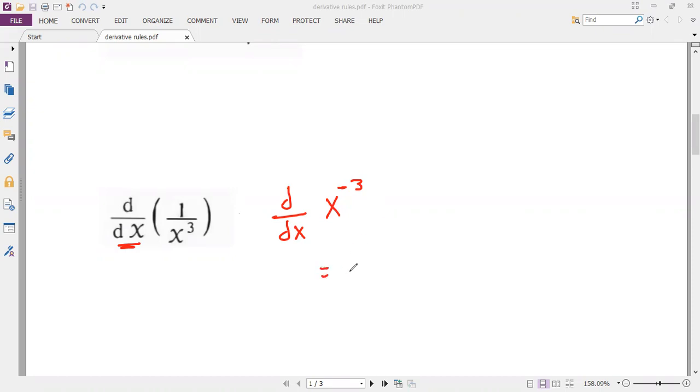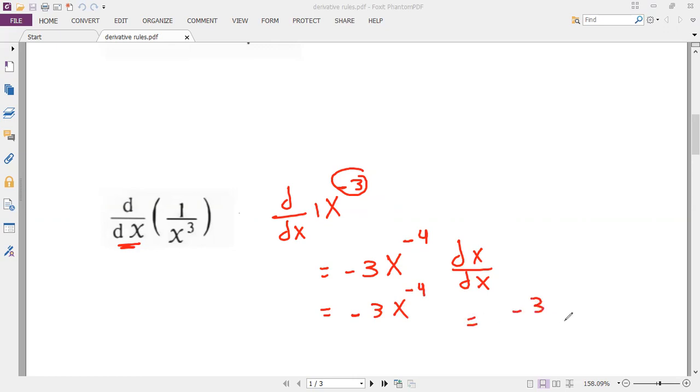So that is going to be -3, multiply the power here by the coefficient of x, -3, and subtract 1 from the power. -3 minus 1 is going to be -4. And the derivative of x with respect to x is going to be dx over dx, and dx over dx equals 1. So that is going to be -3x to the power of -4. And we can tidy it up and write it as -3 over x to the power of 4.